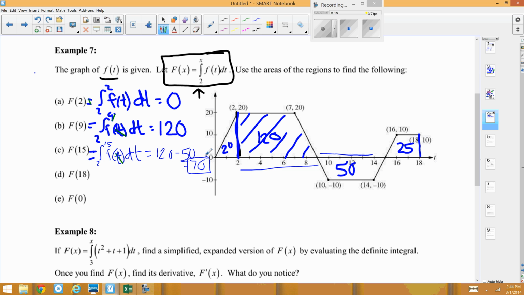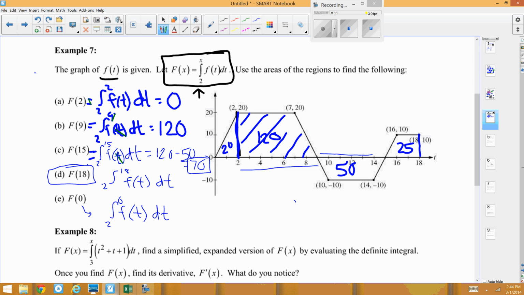All right, let's try one more, f of 18 here. Actually, that's one that I would like you to do. Find the integral from 2 to 18 of f of t dt and put that in your list. And then the last one, f of 0, this one is neat because we're going from 2 to 0 of f of t dt. Now you have two ways of managing this.